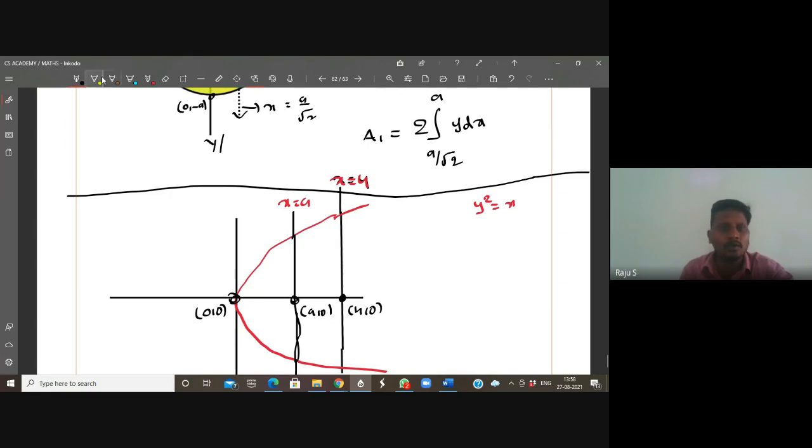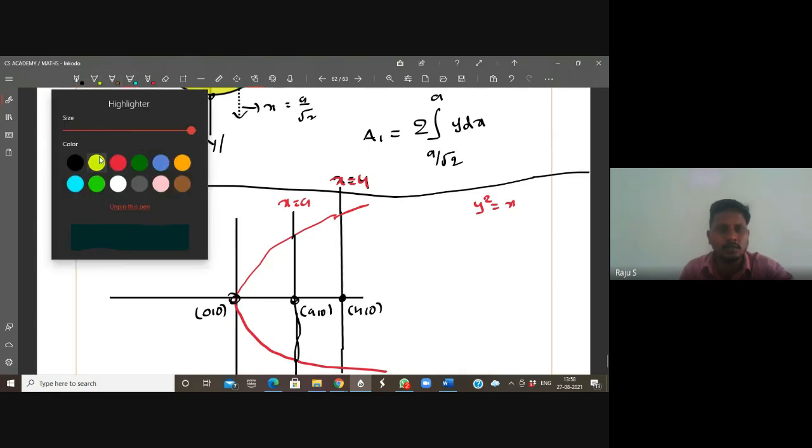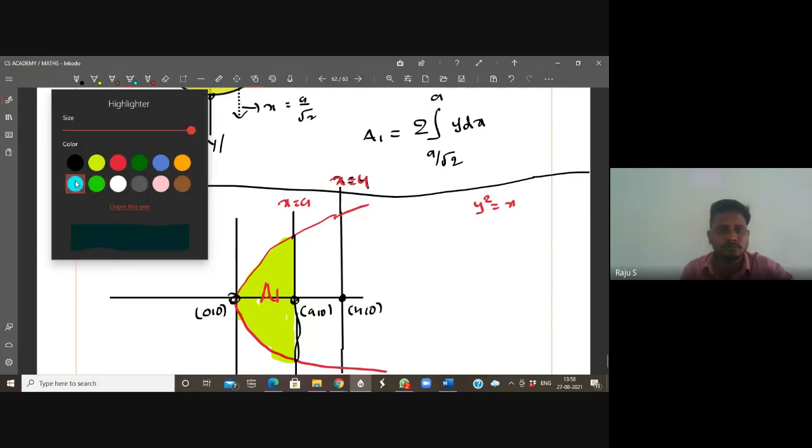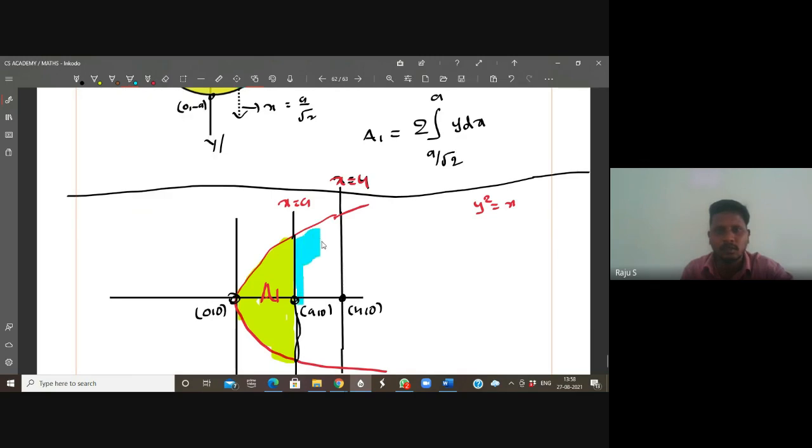So here there are two regions, two areas. This is one of the areas; let us take it as A1. There is another area, this is A2.